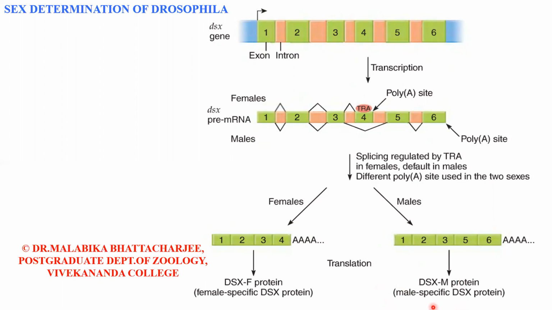This is a male specific double sex protein and it is a transcription factor that represses female specific gene expression in all cells. So this is how the sex determination occurs in case of Drosophila.